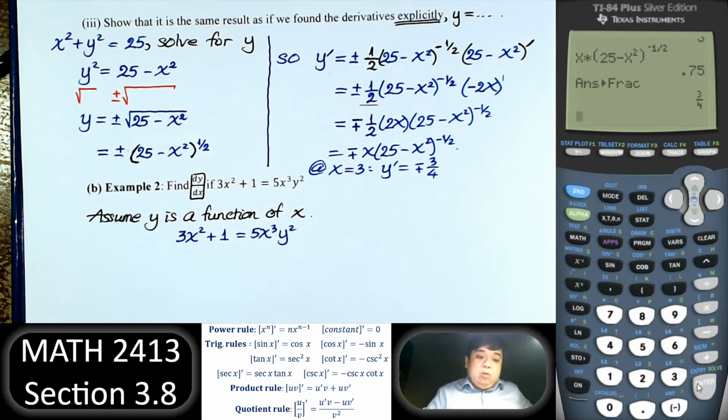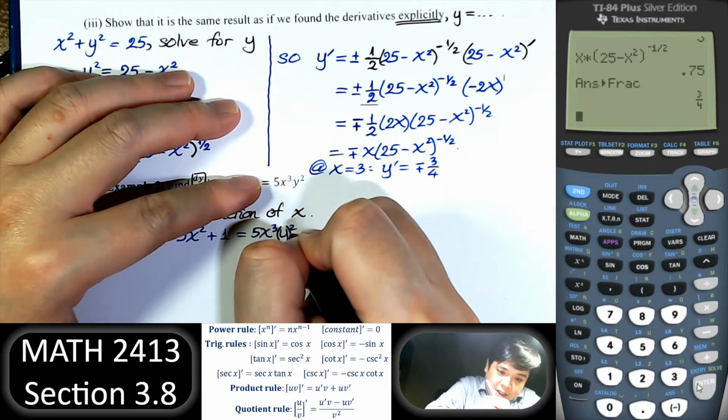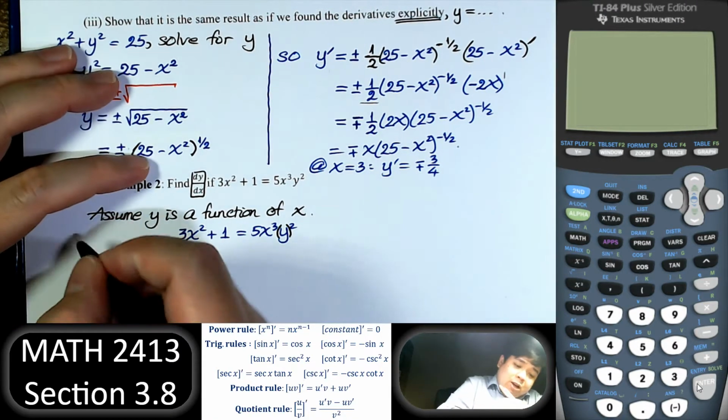Now, if y is a function of x, I'm going to put the parentheses around it to let me know that y is a function of x. And so I need to apply the chain rule for it. Right, now differentiate with respect to x.